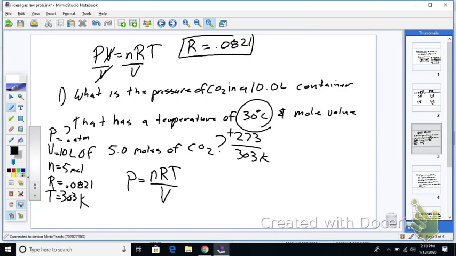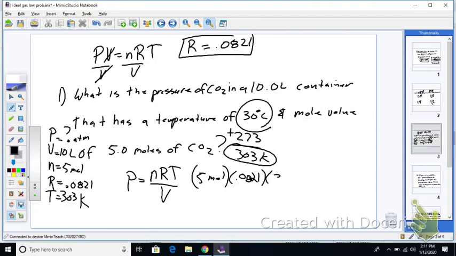All right, so plugging this in: n is 5, R is 0.0821. Temperature, students will not do this, and it gets kind of annoying that they don't realize they have to add 273. Just add 273, and the reason why is because we have temperature probes that measure Celsius. They don't measure Kelvin, so you have to convert to get it calculated right.